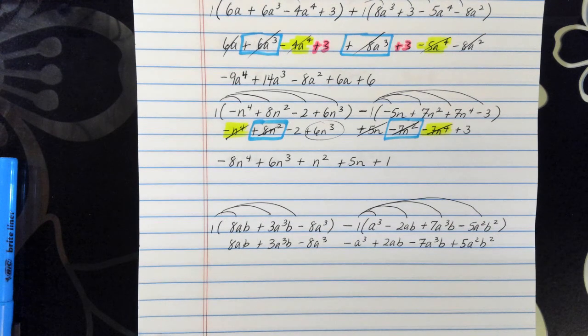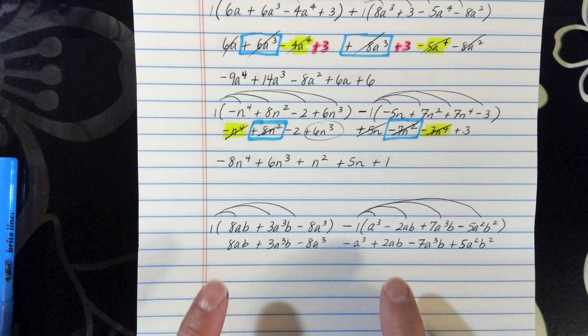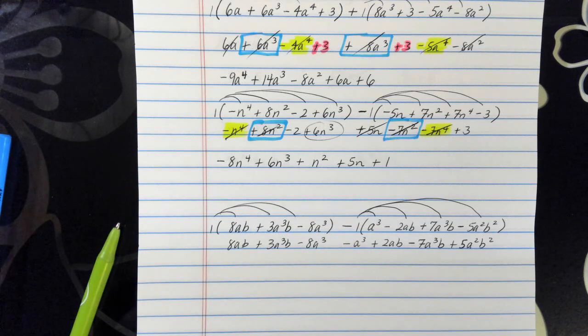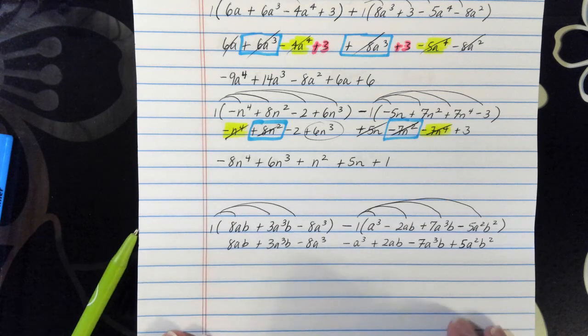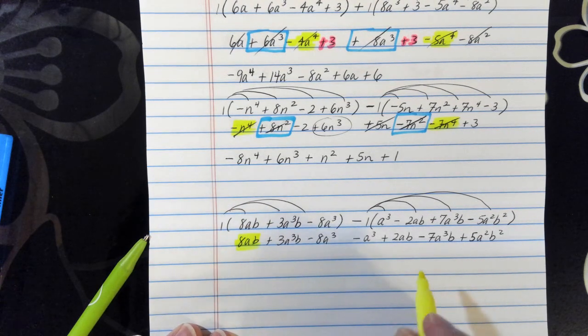Okay. And now you combine like terms. Remember, like terms are terms that have exactly the same variable. If there's more than one variable, then those variables have to have the same exponent. So it's a little bit more tricky. 8ab can be combined with this 2ab.